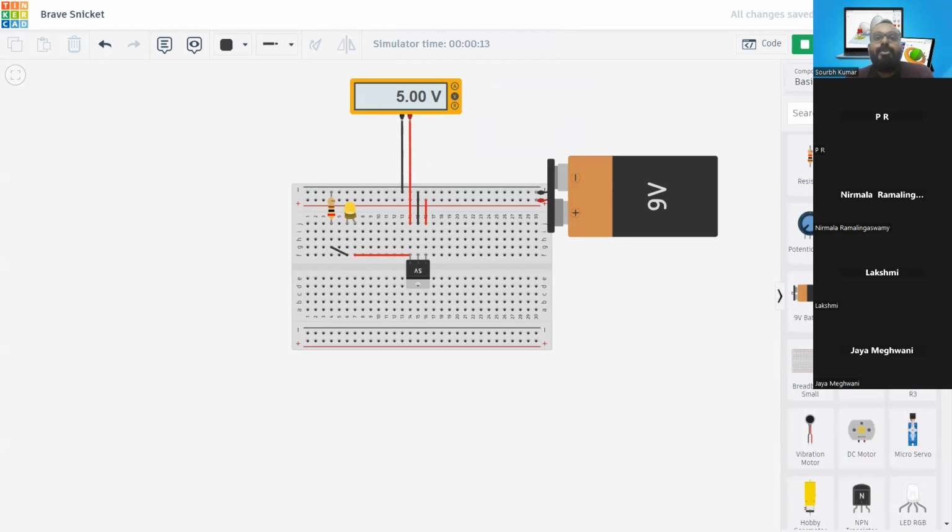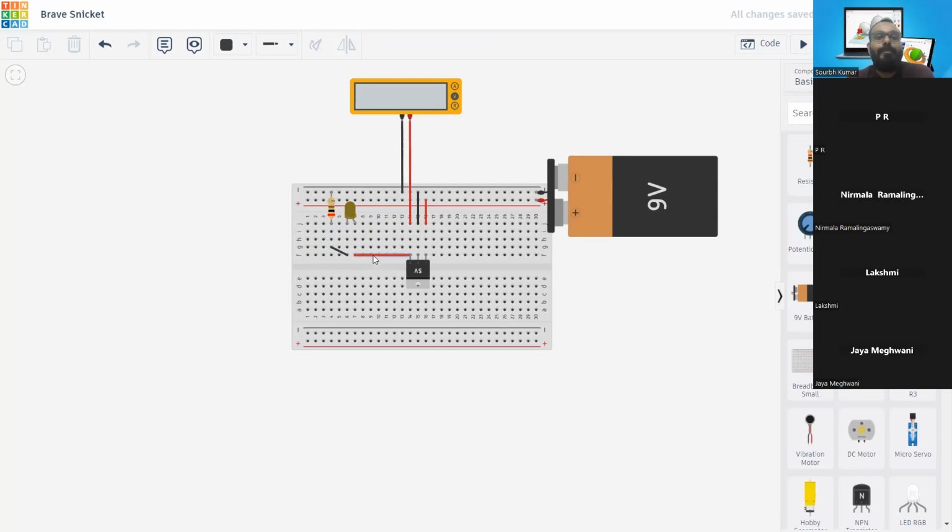Yes, ma'am. If you recall your concept in science, that is why I connected the resistor in the negative terminal, because electricity is all about the flow of electrons. So current is not flowing from the positive side but from the negative side.